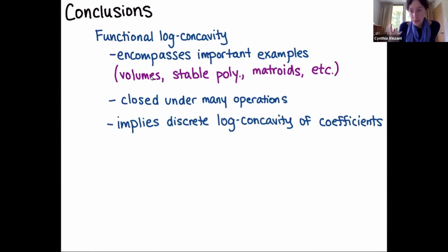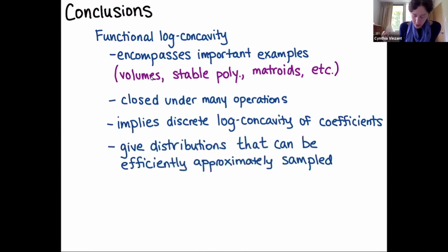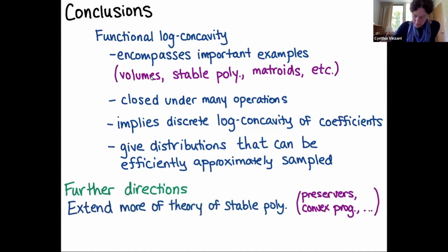It has some strong combinatorial implications, like the support being a matroid if all your monomials are square free, or discrete log-concavity of the coefficients if you're bivariate. And like stable polynomials, it gives distributions that, maybe with some asterisks, can be efficiently, approximately sampled using a Markov chain. These are the sorts of things one might like from such a class.